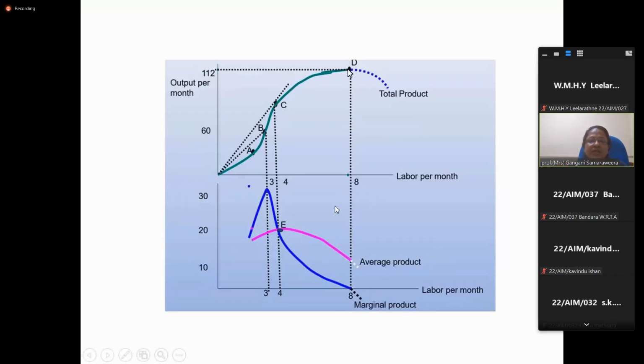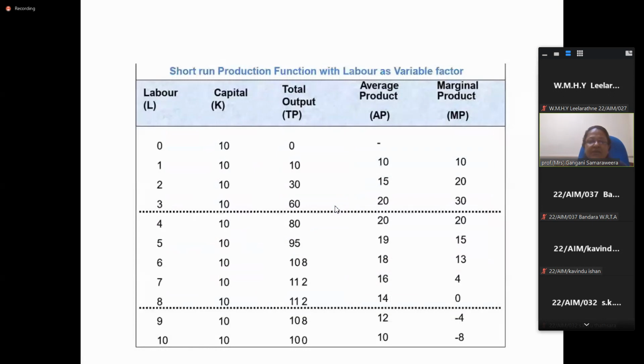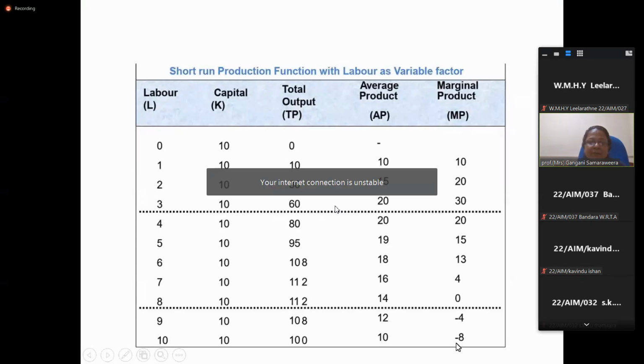So at the maximum point, before it starts reducing, you can say marginal product becomes 0. We will see where marginal product becomes 0. After that, the total product is reducing, that's why the marginal product change becomes -4 and -8.